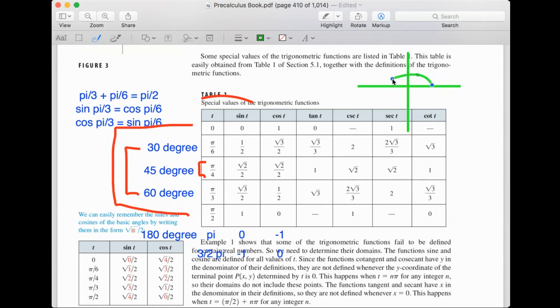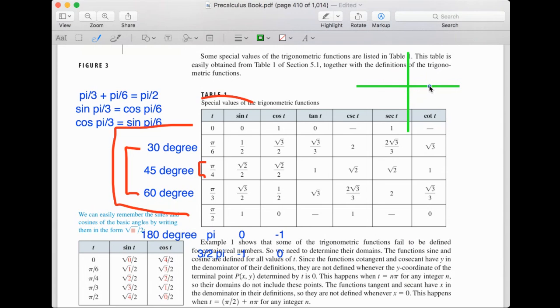We keep running up to here, 3 pi over 2, then run back to the point we started. That's 2 pi, 360 degrees.